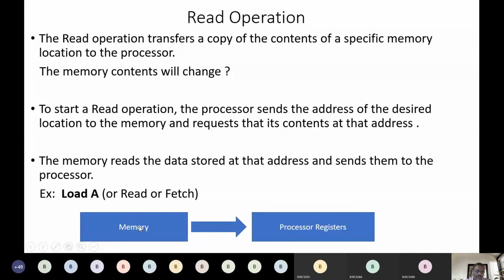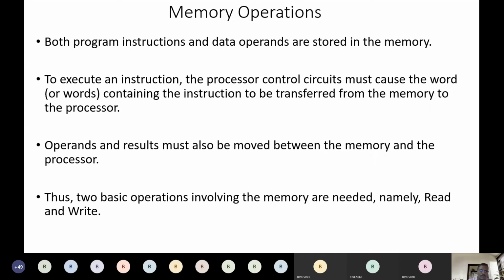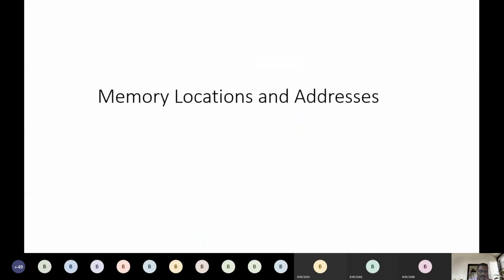So for the read operation, data is read from main memory to the processor registers. Here, this is an example instruction, load A. A is a variable which is referring to a particular address where some data is there, something like the value 5. That 5 is read with this load A and loaded to the processor register. An example of a processor register is R0. We may also have R1, R2, R3, n number of registers. There may be 32 registers also. If you remember, the registers are in this diagram.